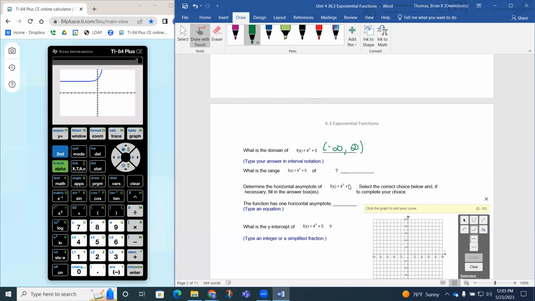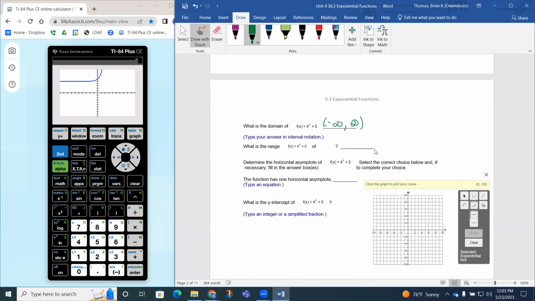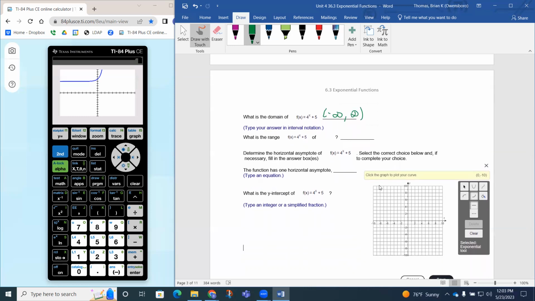As far as the range goes, notice that there is a lower bound here, because like I said, the graph, that 1 point moved up to here, we had a horizontal asymptote passing through this 5. So our graph kind of took on this look here.